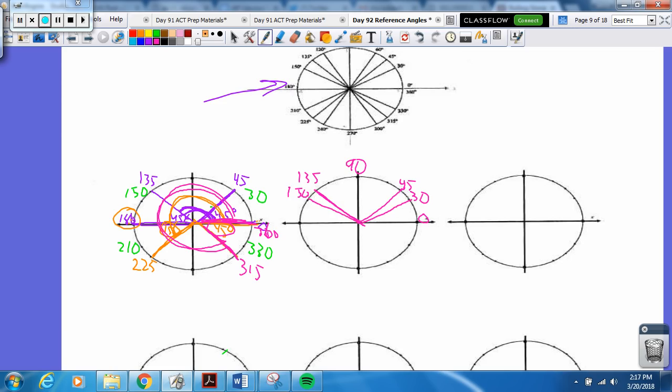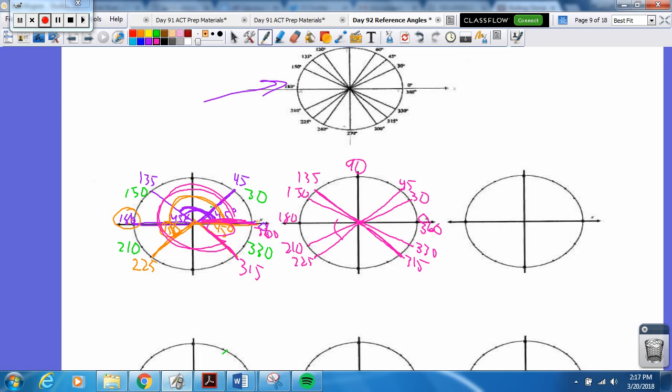This is 180. 210 is a 30-degree reference angle. That would be 225, another 45-degree reference angle, 315. And then we have this 30-degree reference angle, 330. And then all the way around, which is 360. Bam. Okay. Almost done.